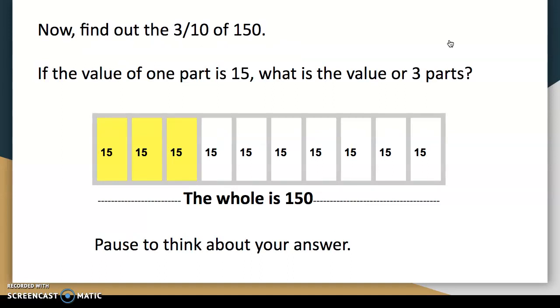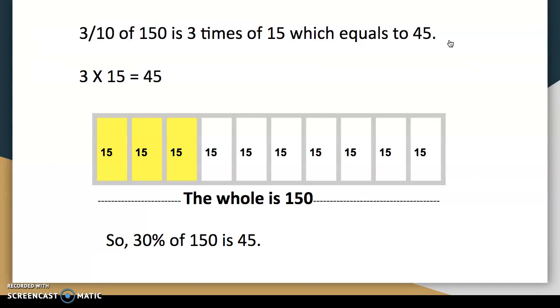Now we are looking at 3/10 of 150 by highlighting 3 parts of 10 parts. What is 3 times 15? 3 times 15 is 45. Therefore, 30% of 150 is 45.